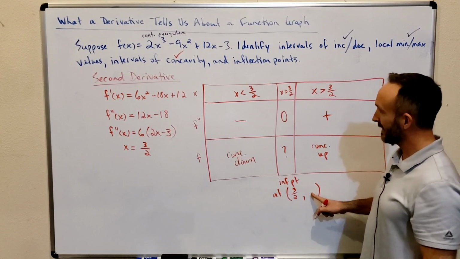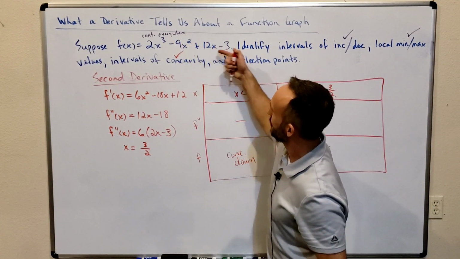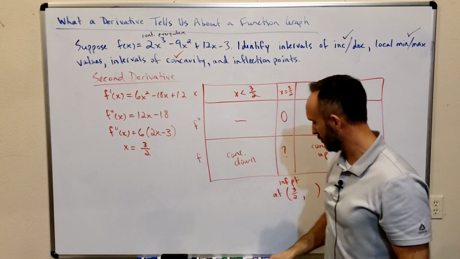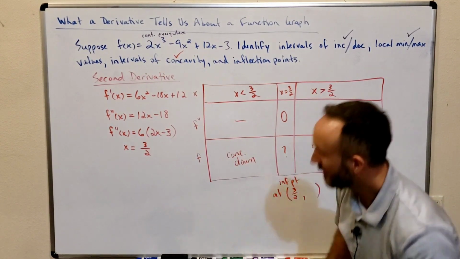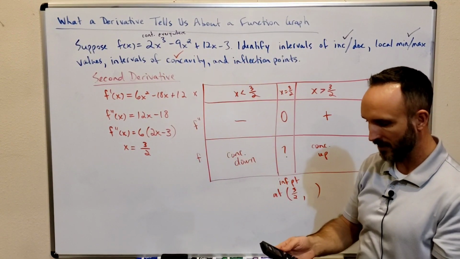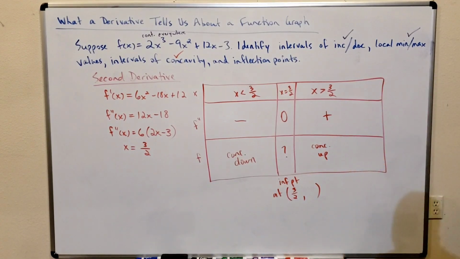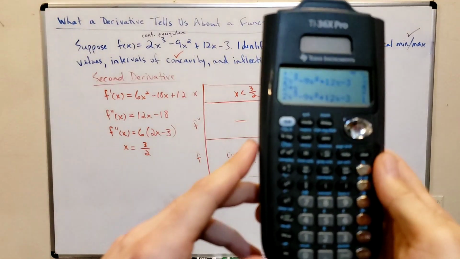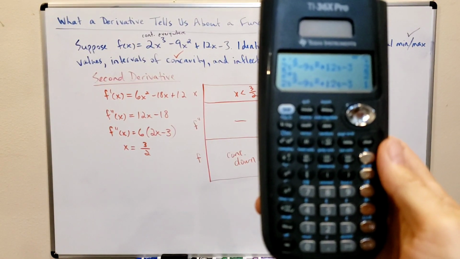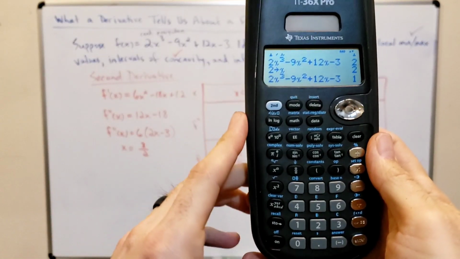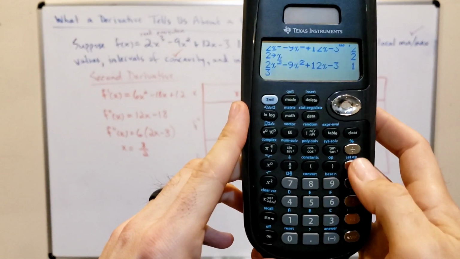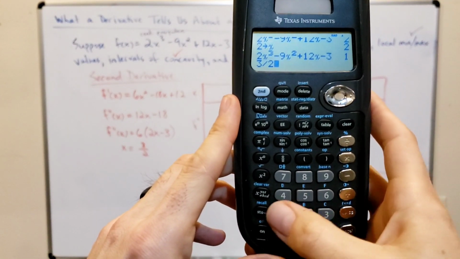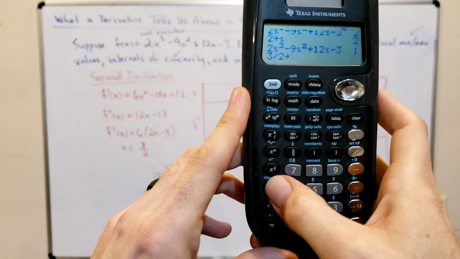My y is calculated by plugging 3 halves, my x value, into the original function. And luckily, I've already stored that function in my calculator. So let's resume where we left off before. I need to start by storing my new x value. So I'm going to type 3 divided by 2, and I'll hit store in for x.